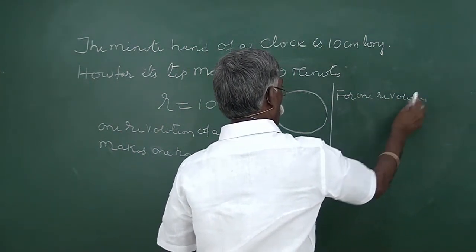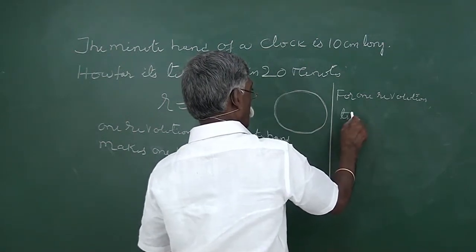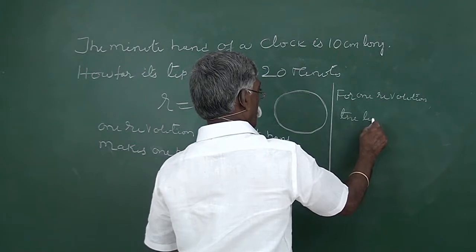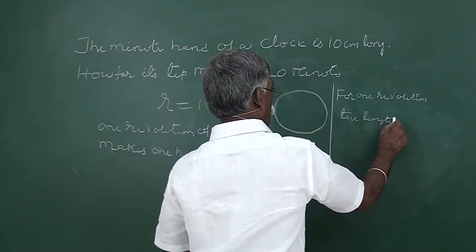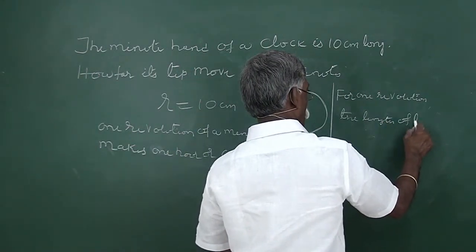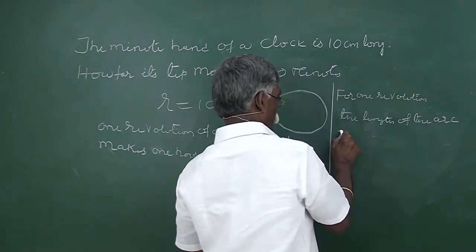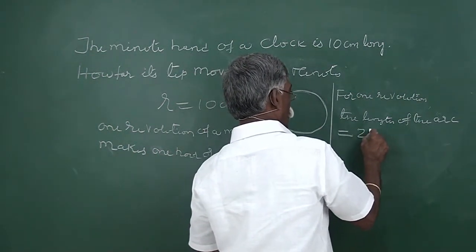the length of the arc is equal to 2 pi r.